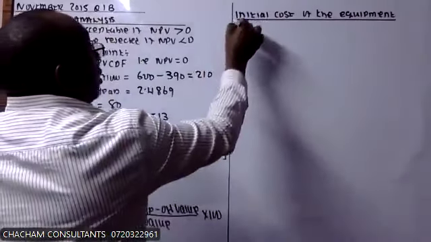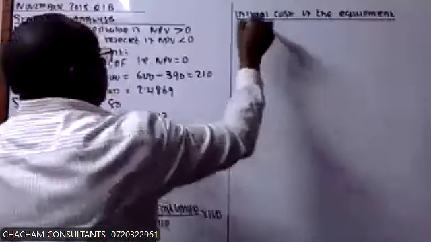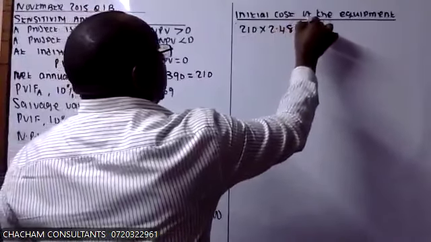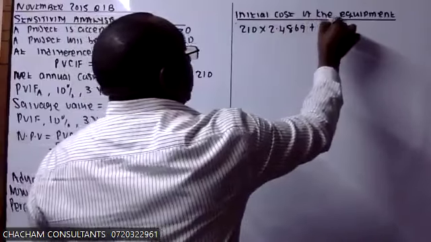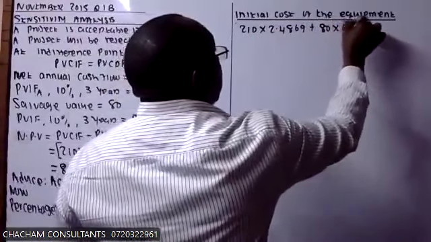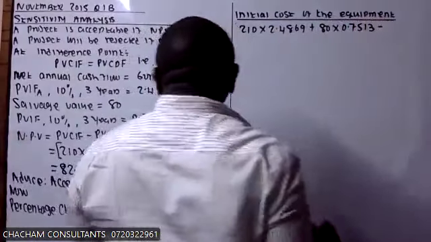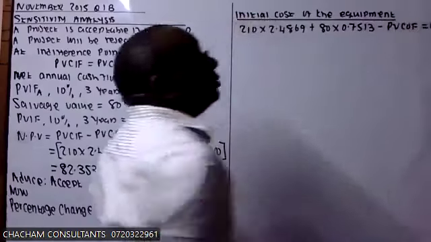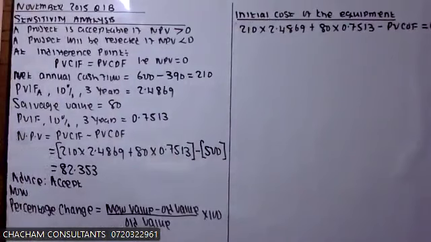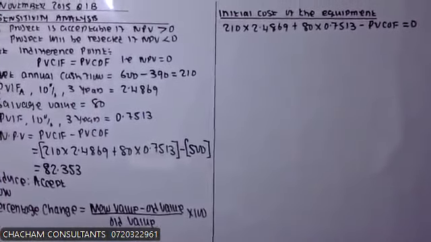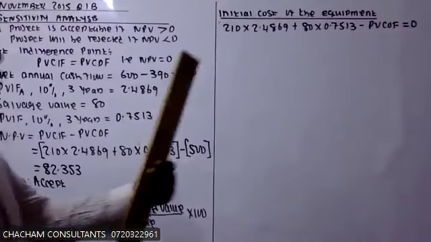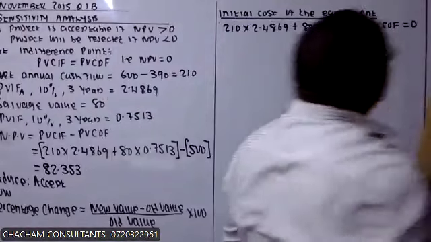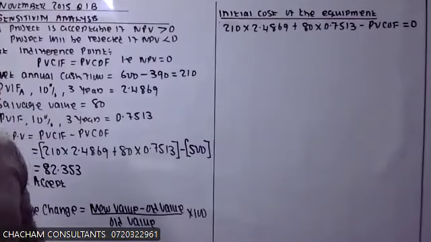We say 210 times 2.4869 plus 80 times 0.7513 minus the present value of cash outflow should be equal to 0.